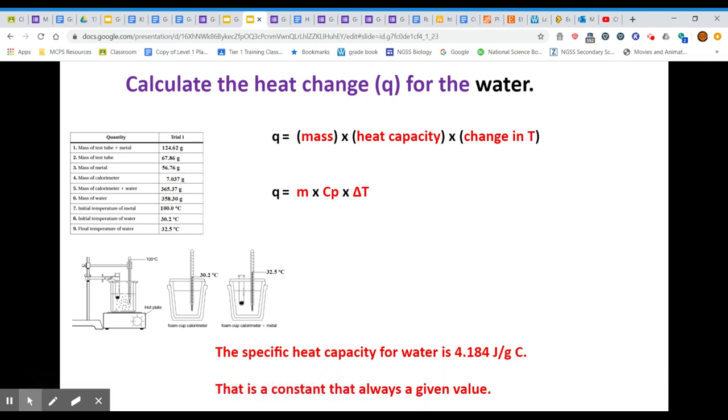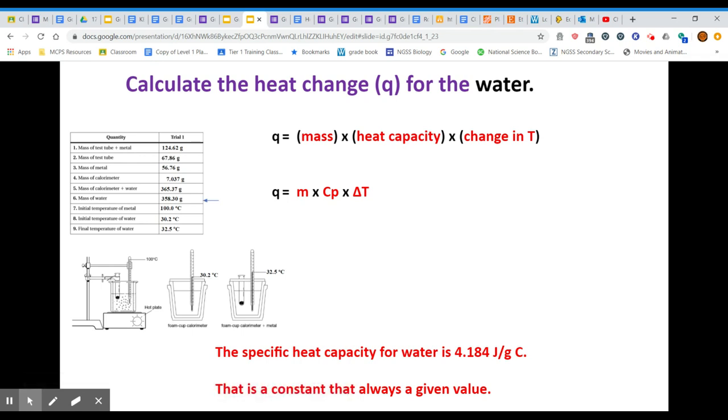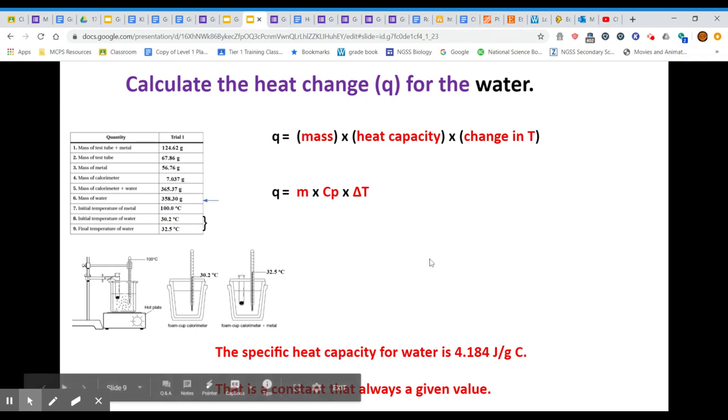You can use 4.18 joules per gram degree Celsius for reference, and the mass is for the water. So we take the mass of the water as 358.30 grams. The change in temperature of the water is the final minus the initial, and the Cp for the water is equal to 4.184.